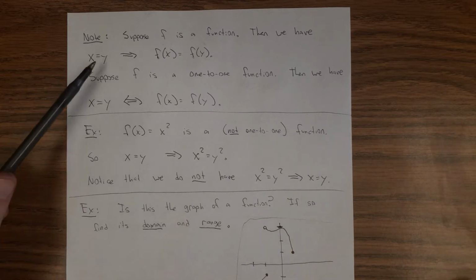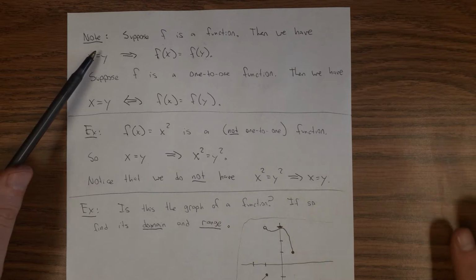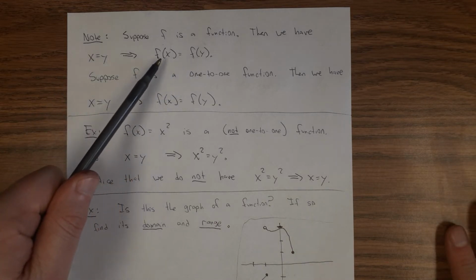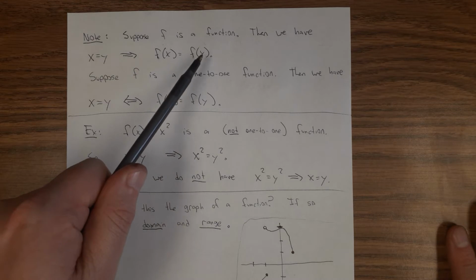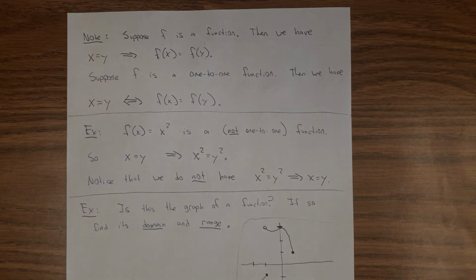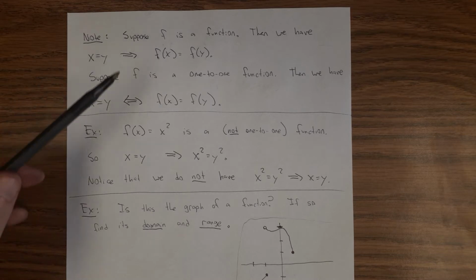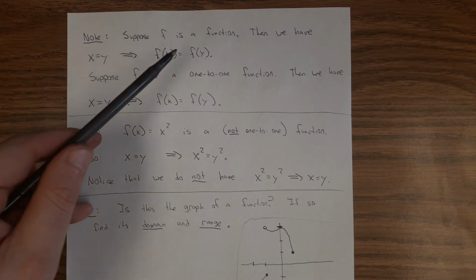So if this equation is true, and then I do the same thing to both sides, and the thing that I'm doing to both sides is I'm taking f of this side and I'm doing f of this side. So I did the same thing to both sides. I did f of each side. And I conclude that if this is true, then this is true.